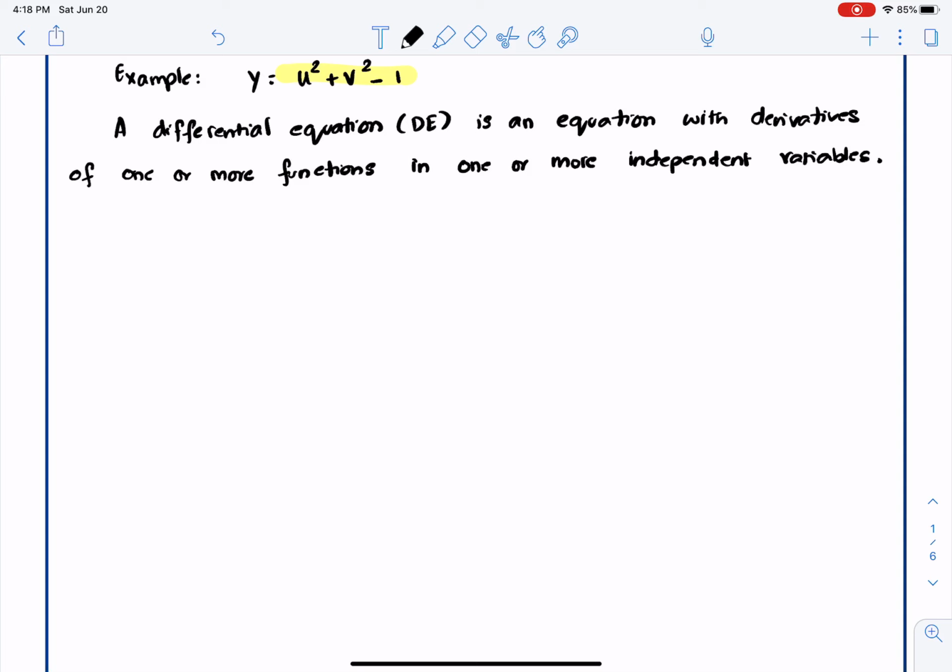So what do we mean by that? Well, if you have an equation with derivatives, then naturally that is a differential equation.